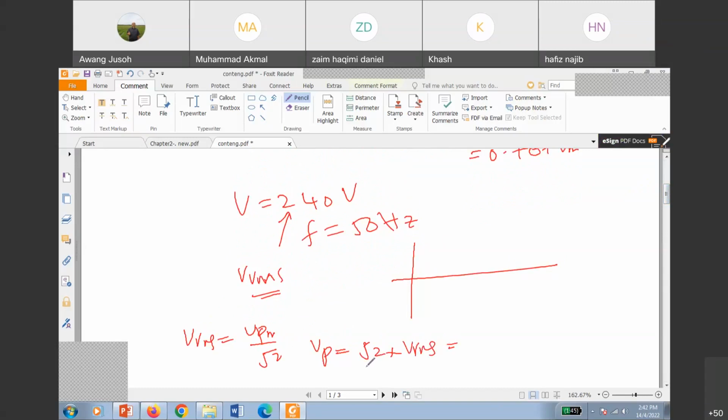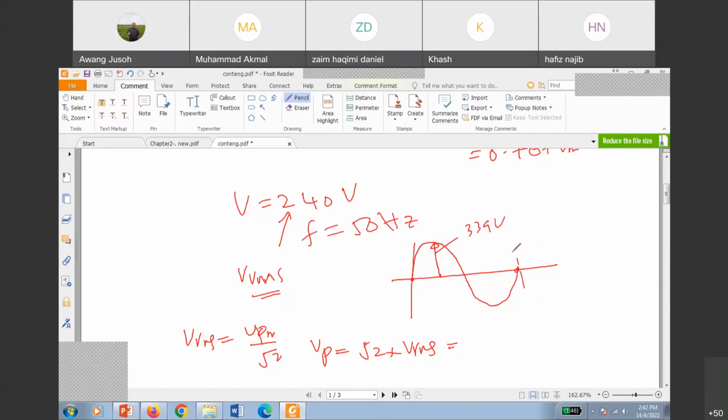If you multiply these two, how much do you get? Calculator. Root 2 is 1.414, multiplied by 240, gives 339 volt peak. In our system, in Malaysia, the voltage peak equals 339 volt.